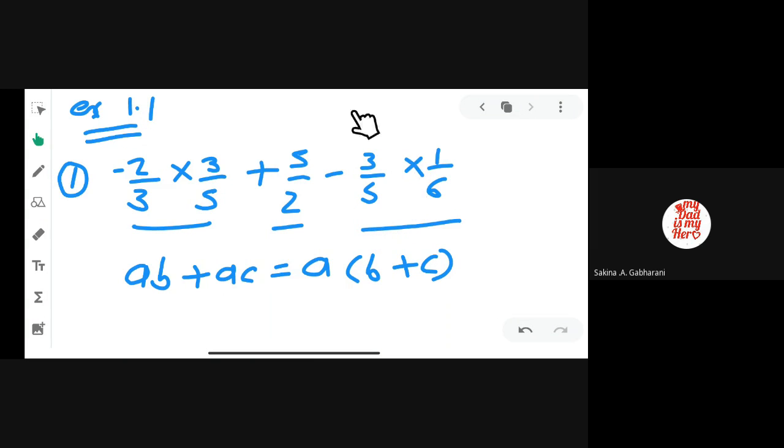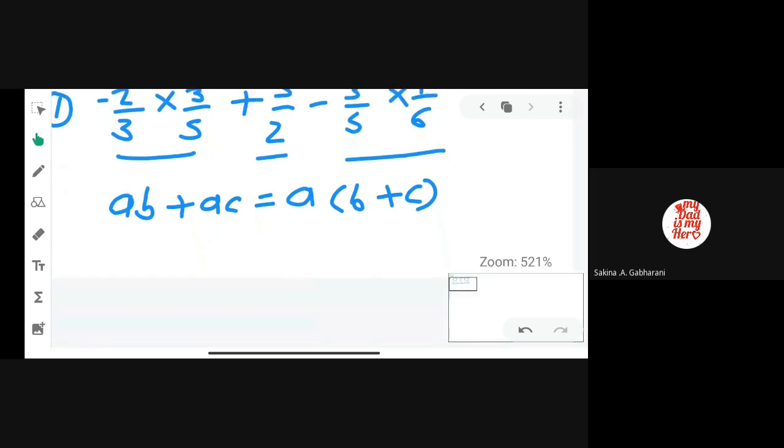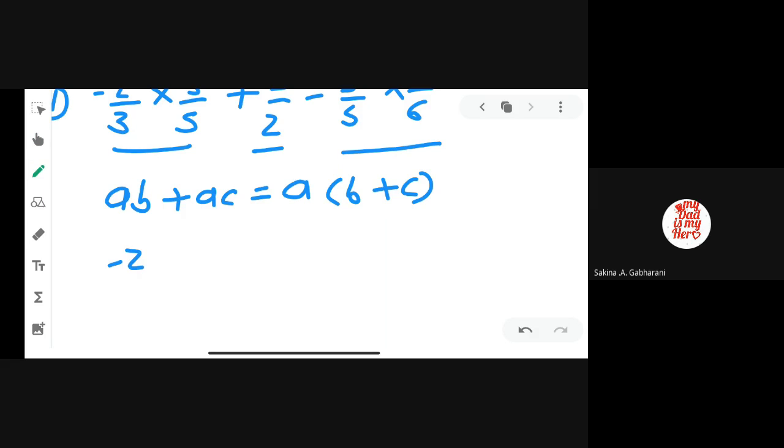So it is known as commutative, if you know that. Yes or no? If you want to change the position of any numbers or terms, it is known as commutative. So first we are using the commutative property: minus 2 by 3 into 3 by 5 minus 3 by 5 into 1 by 6 plus 5 by 2.